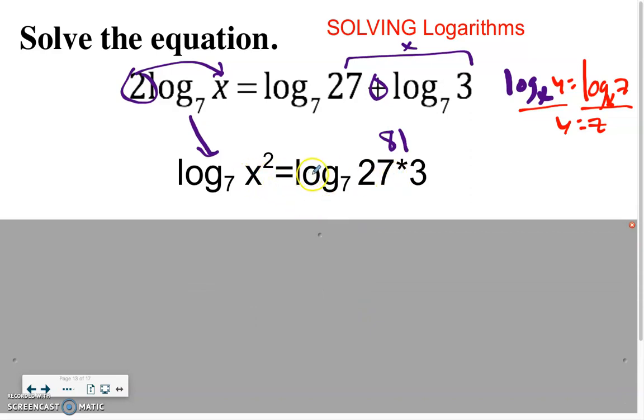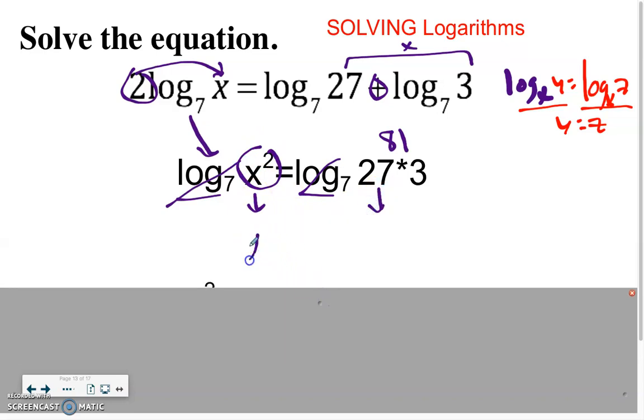Now, because we have logs on both sides that are exactly the same, in order for these to be equal, they have to have the same base. So we can, in a way, cross these out, and whatever's left gets dropped down. So we get x squared is equal to 81.